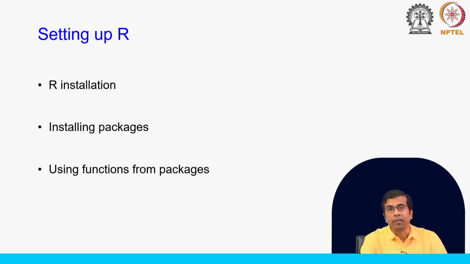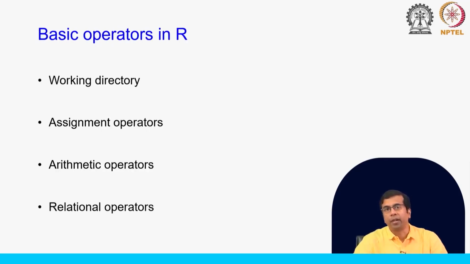So, some of the basic operators or basic operations in R. How do you actually find out the working directory or set the working directory? This is something that's the first step when you start your analysis. We will talk about assignment operators, how we assign values to certain variables. The arithmetic operators, how do you carry out arithmetic functions, simple mathematical functions.